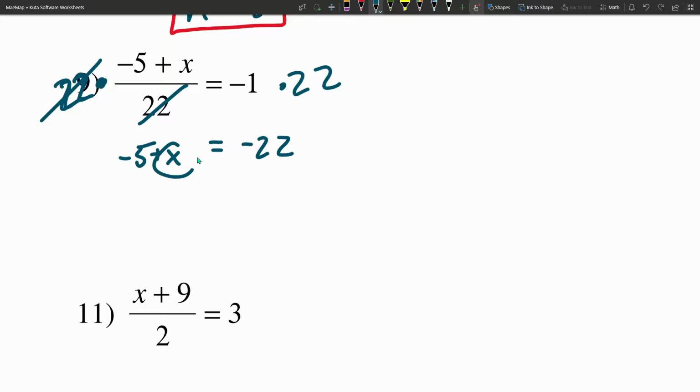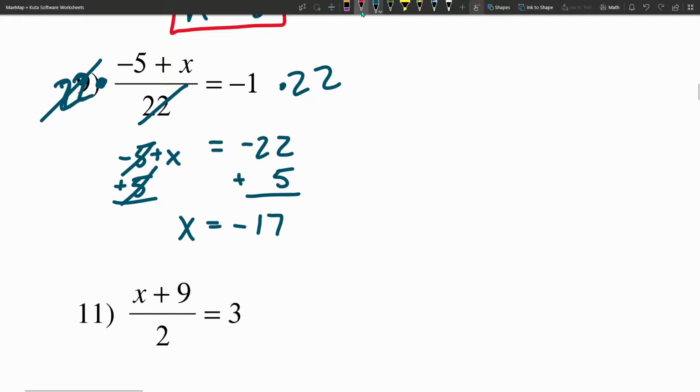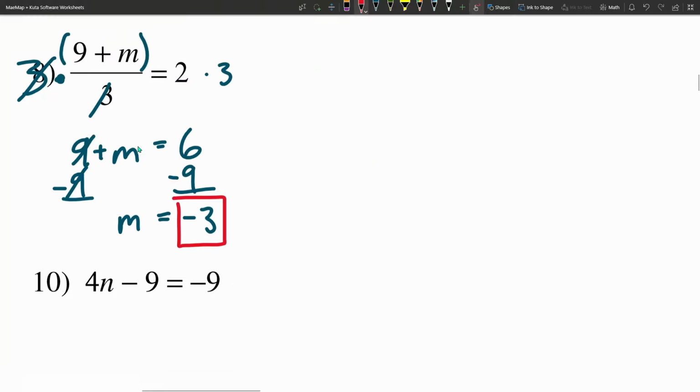One more step, to isolate this variable, we're going to have to add 5 to both sides to get rid of that negative 5 on my left-hand side. X is going to be equal to negative 22 plus 5. Think about adding 2. That will get us to negative 20, and then we need to add 3 more to get that full amount of 5. So that's going to be negative 17. So negative 17 is our solution for number 9.